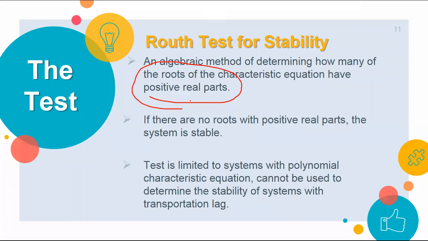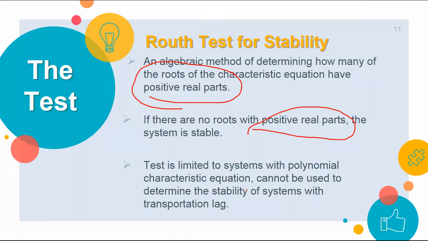In this particular Routh test for stability, if there are no roots with positive real parts, the system is stable. So take note again, you should not have roots that have positive real parts. Your complex roots should have negative real parts, like negative 1 minus i. Your system will be stable if that is the case. But 1 minus i already makes your system unstable.